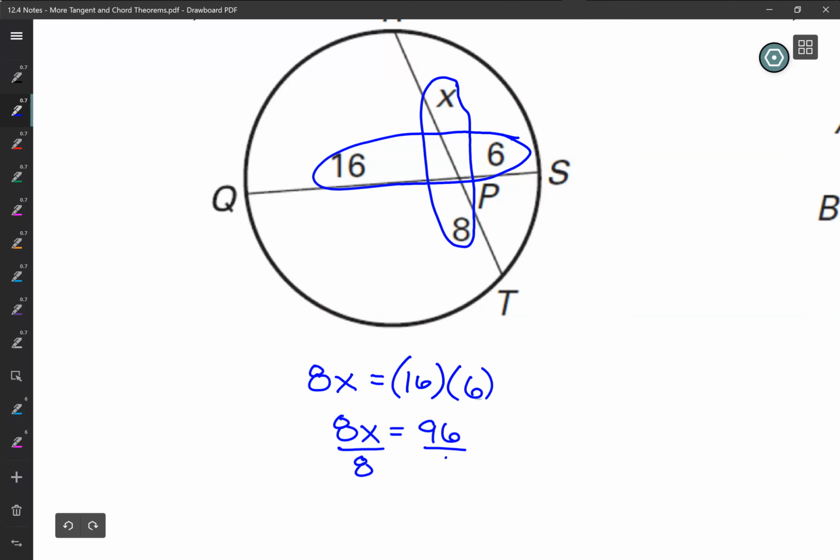Divide both sides by 8. And you get that x is 12. So that piece right there has length 12.